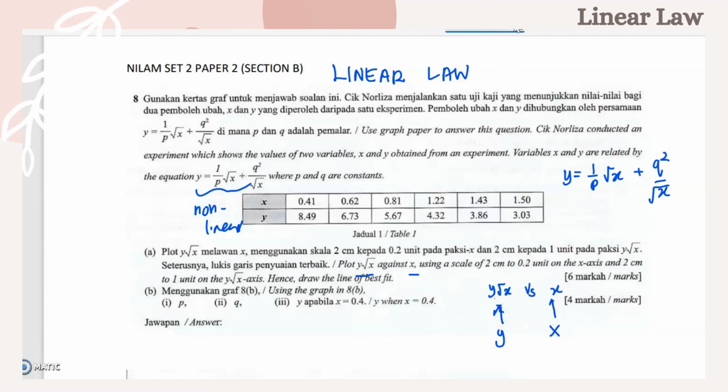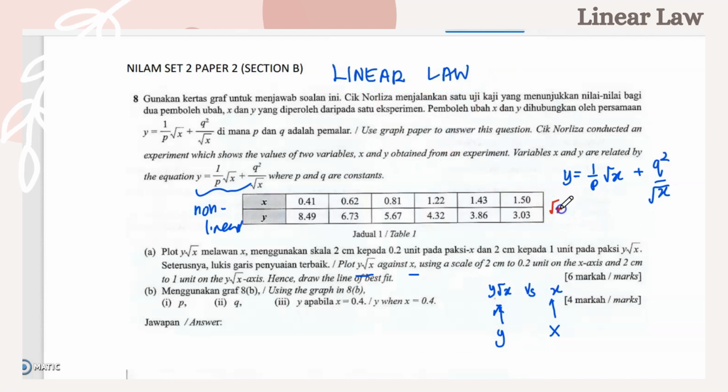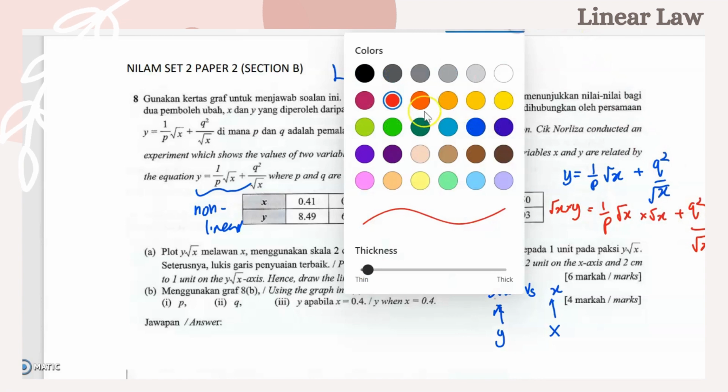Kemudian we just multiply with square root of x for all of the terms. So square root of x here, square root of x, plus q square over square root of x times square root of x.